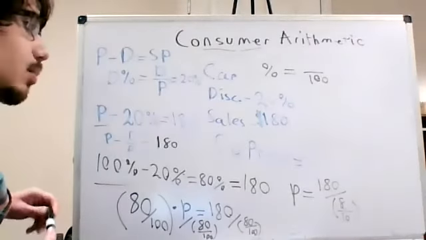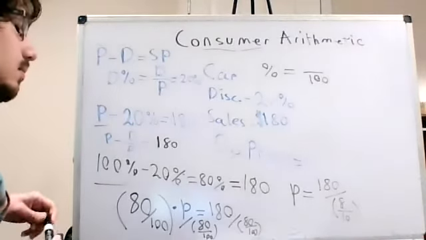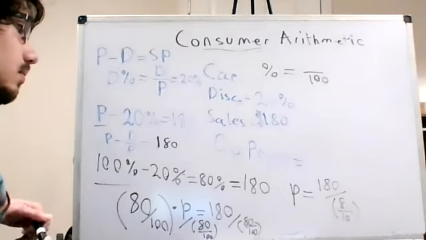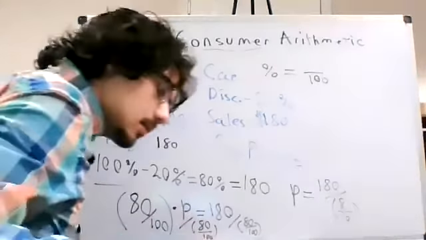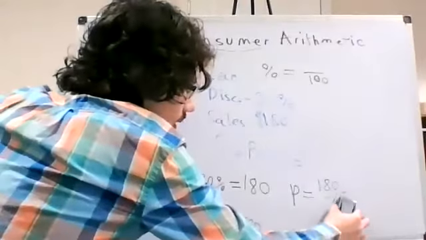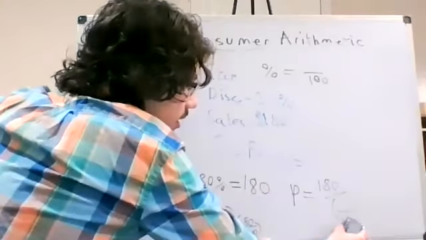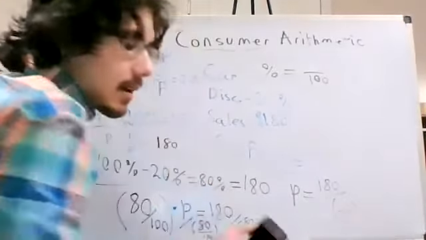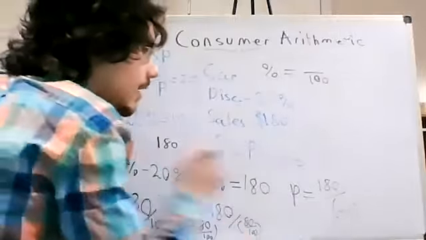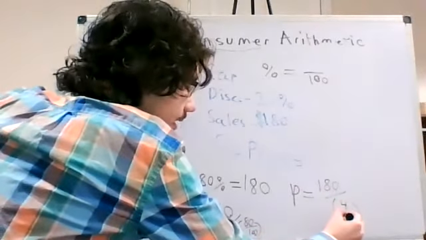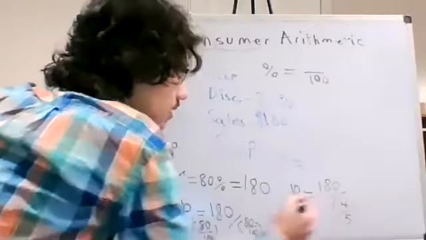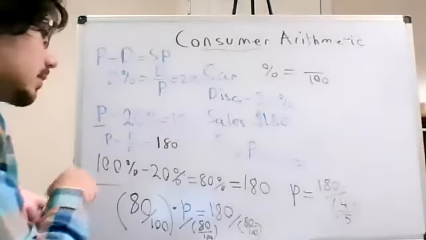Can we simplify this more? Sir, by dividing it by 2. Yes, we could divide 2 from 8 and 10. That would be 4 and 5. 8 divided by 2 is 4, and 10 divided by 2 is 5. So this is our equation now.